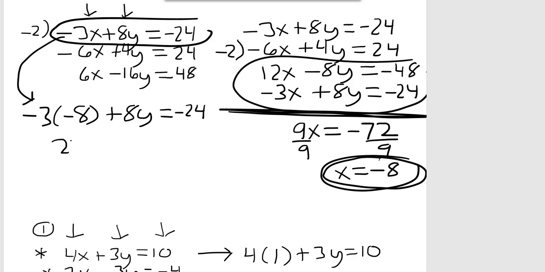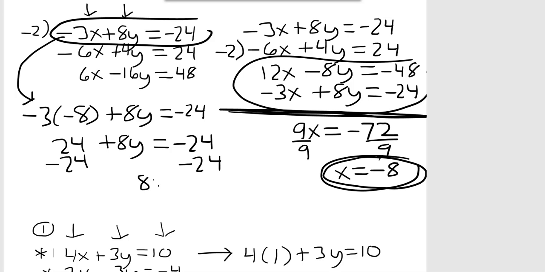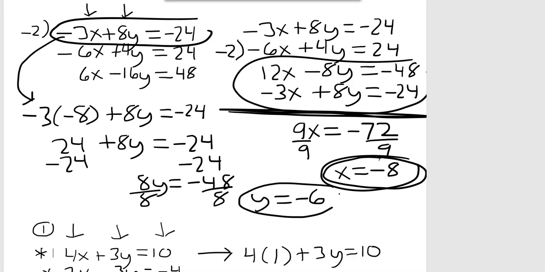So negative 3 times negative 8 is positive 24. Positive 24 plus 8y equals negative 24. And then when I minus 24 from both sides, I get 8y equals negative 48. Divide by 8 to get rid of the multiplication of 8, and I get y equals negative 6.